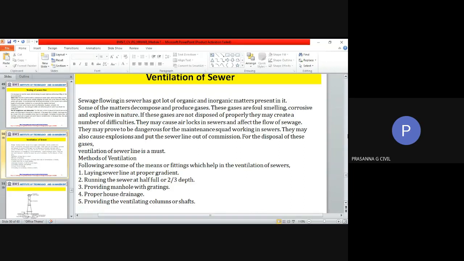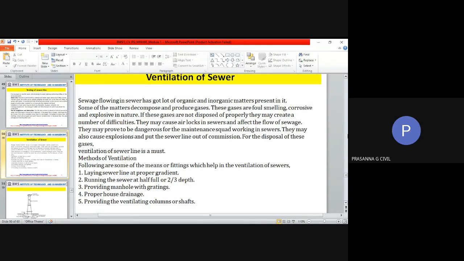So those are places that give a chance for the air buildup to happen. So if your pipeline is being laid with a correct gradient along through the length, chances of such places where airlocks can come are minimized. That's the reason for having it laid at a proper gradient.